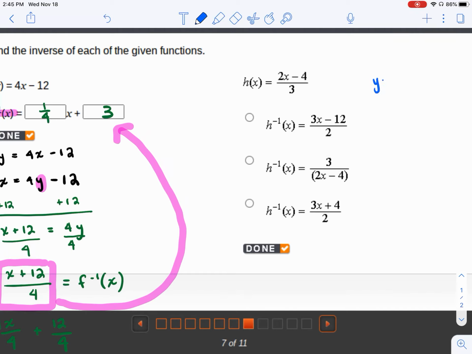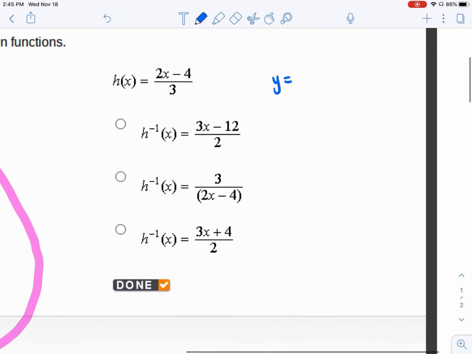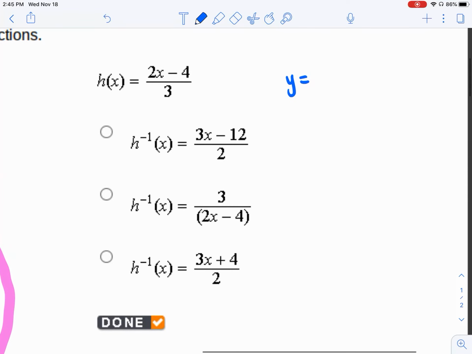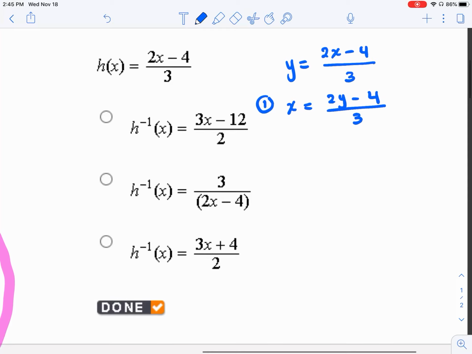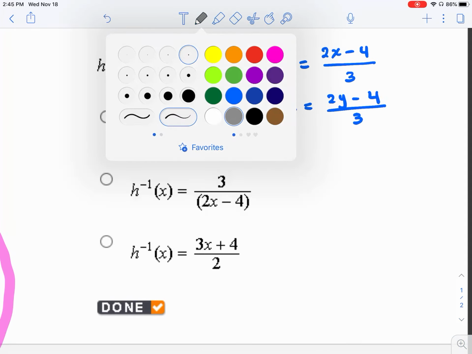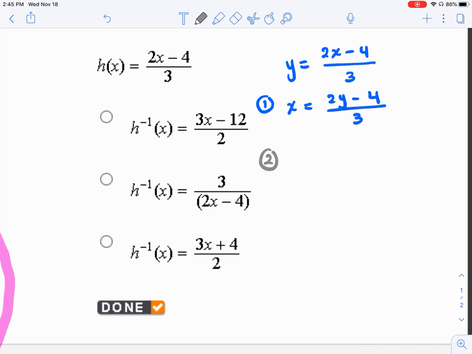First, for h of x, I'm replacing it with a y: 2x minus 4 all over 3. First step, I am going to interchange x and y. Then for step 2, I am going to solve for y.